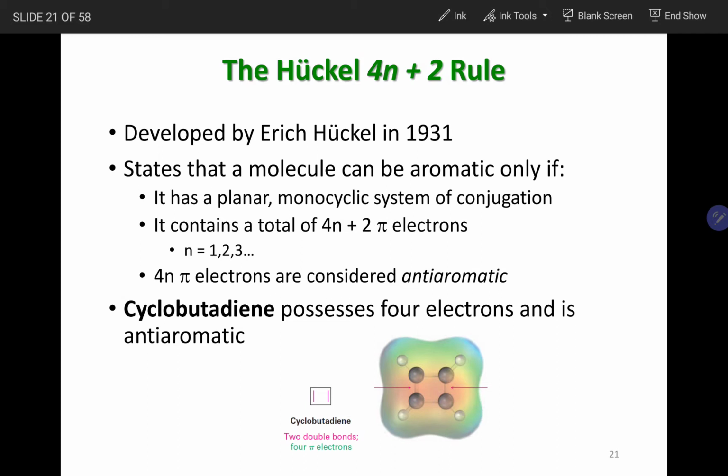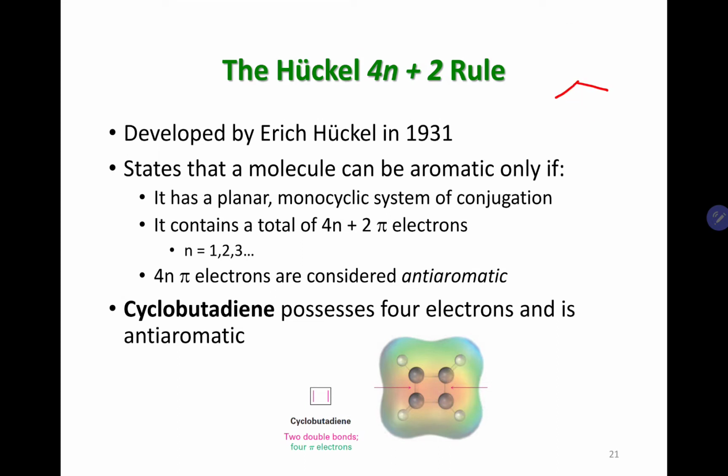All right, so let's take a look at benzene again. We know that it is a planar ring, and it has 6 pi electrons, and also it is a monocycle. All 6 pi electrons are conjugated.